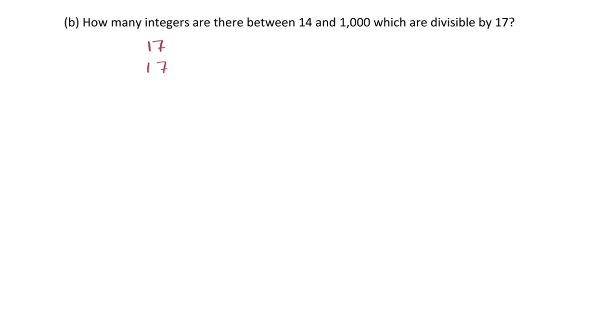This implies that the first term, which is a1, is 17 and the common difference d is 17. Therefore, our integers will be 17, 34, 51 and so on up to 986. By making analysis of the trend, the number of terms n equals 58.